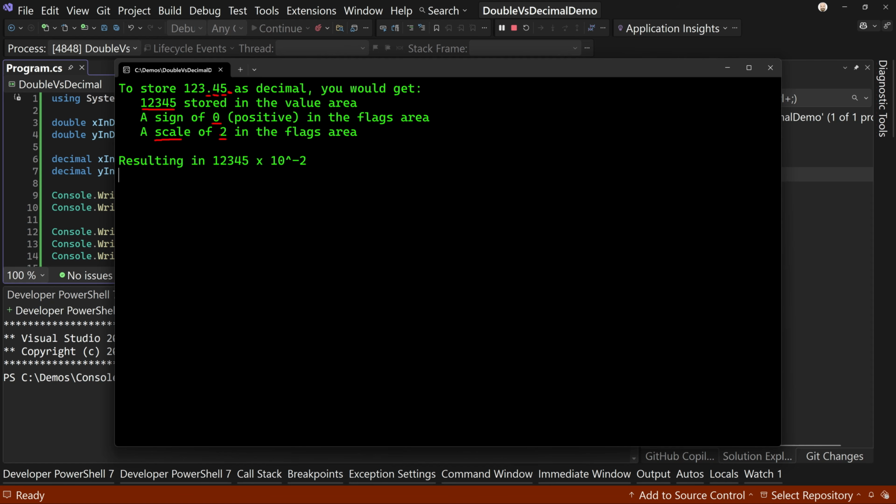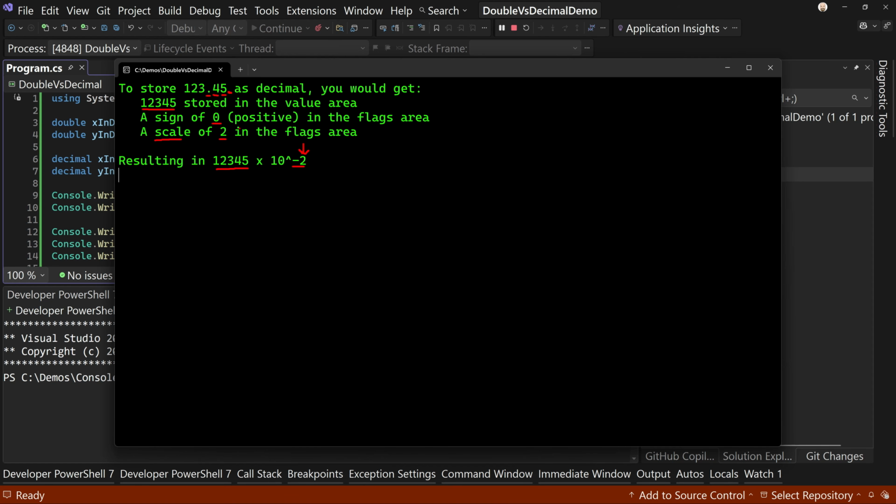So now this results in 1, 2, 3, 4, 5. This is the formula to get back to the number: 12345 times 10 to the power of negative 2. This is the scale right here. That's a 2. We just put a negative in front of it.